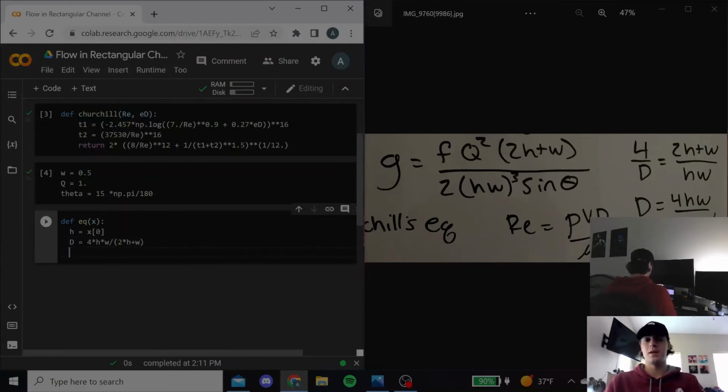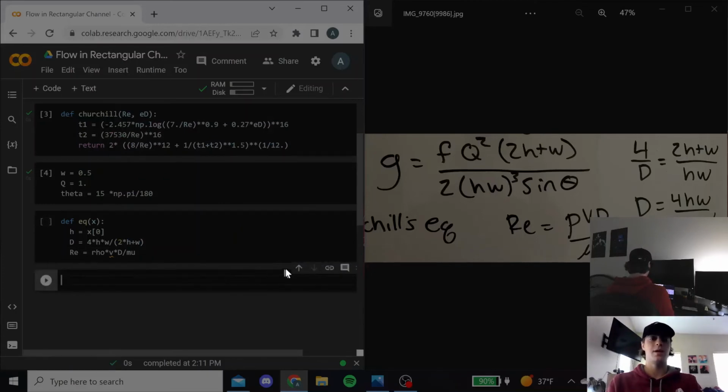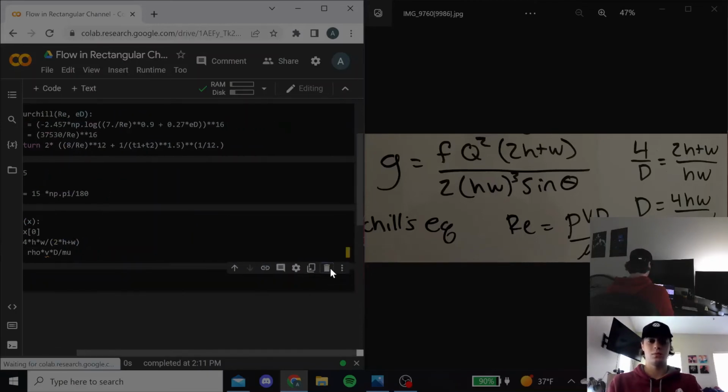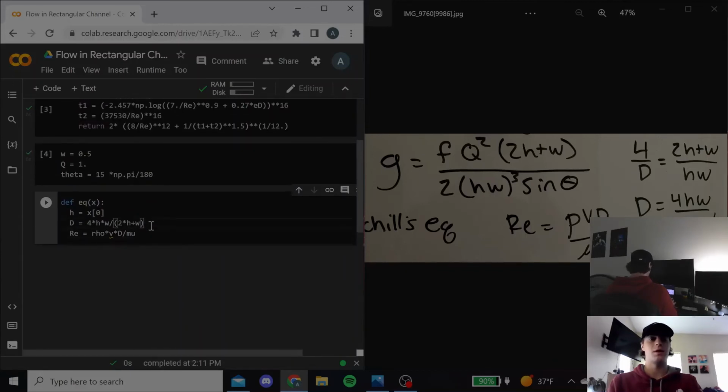Next, I'm going to calculate Reynolds number, which is just rho times v times d over mu. We don't have the value for v yet, but we can calculate it from q. So v is going to be equal to q divided by the area, which is just h times w.